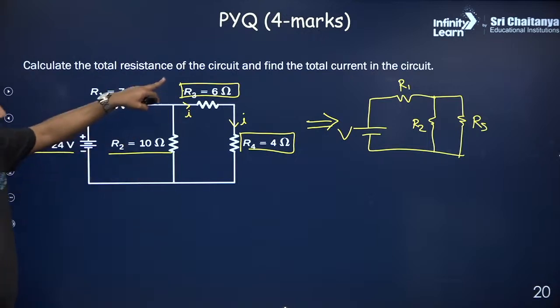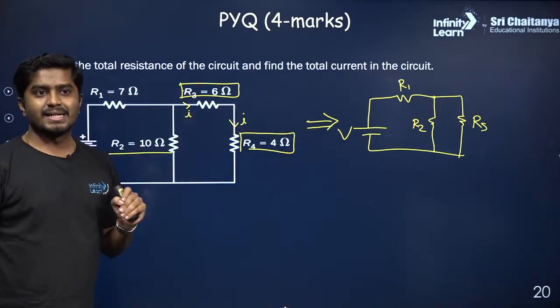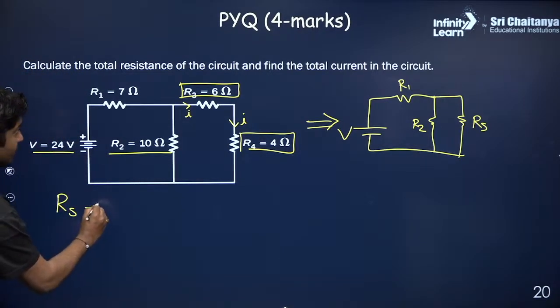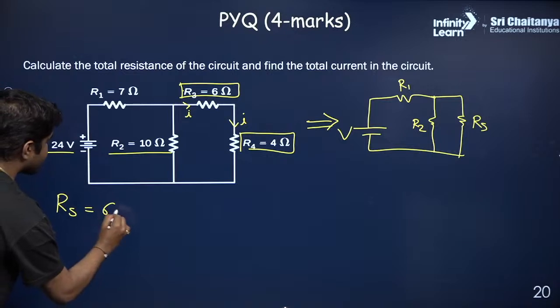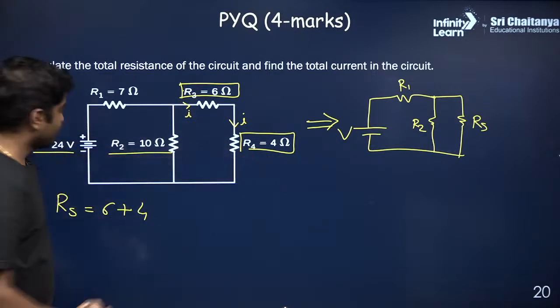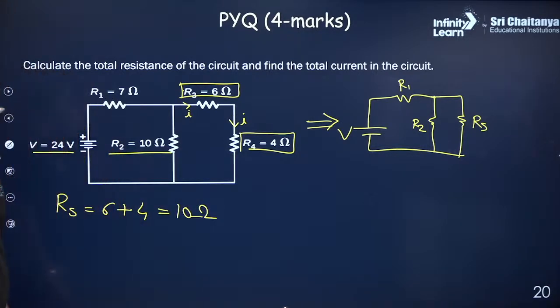Okay, so now R3 and R4 in series. Can you calculate what is RS? So the RS value would be 6 plus 4. It is R3 plus R4. Correct? So that would be 10 ohms. Yes?